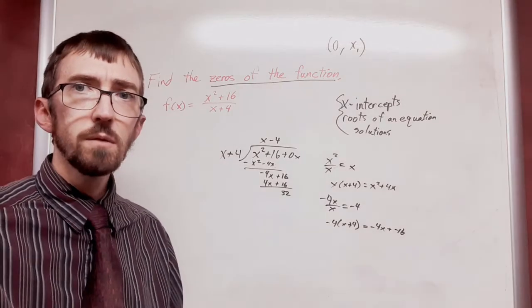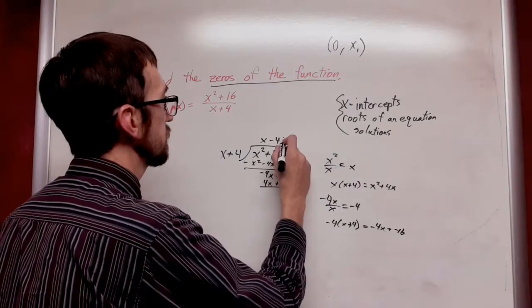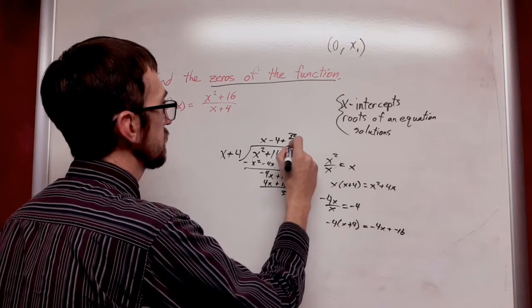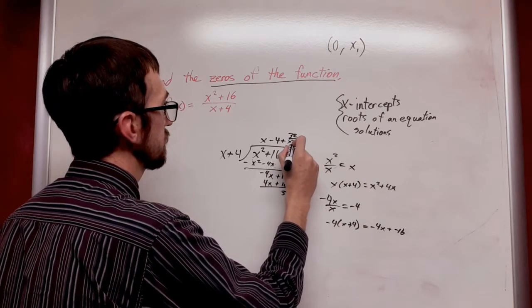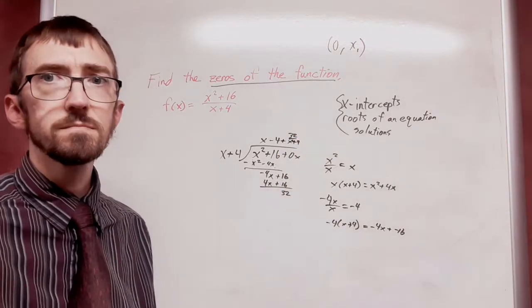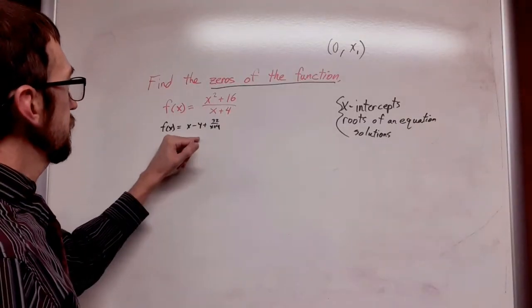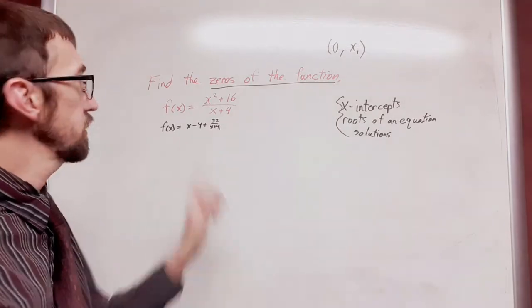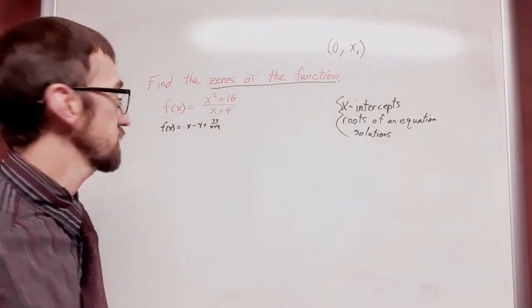This is going to form my remainder. So now that I have f of x is equal to this, I'm going to set this to 0 and see what we can do with the x over here.